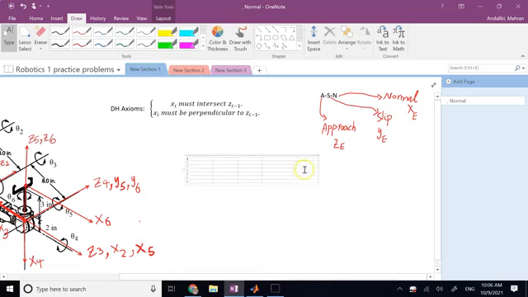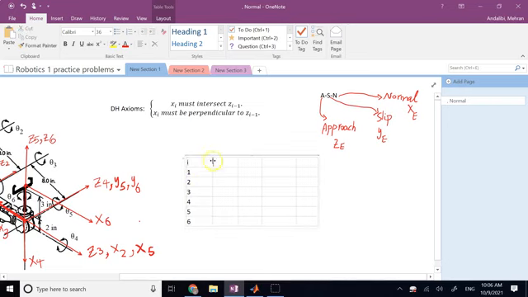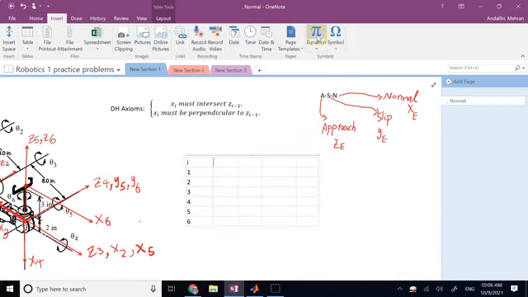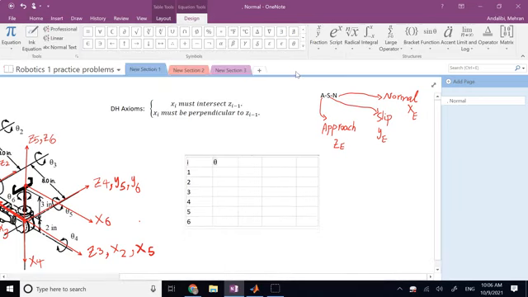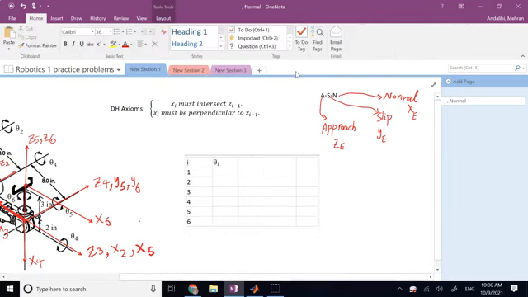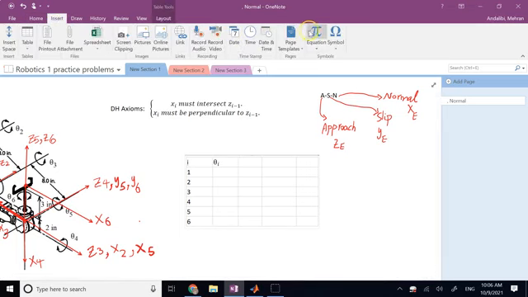Right, and let's use a bigger font here so we can all see it. There we go. And what we have here is going to be the first variable is theta. So this is theta sub i. Then we have d.